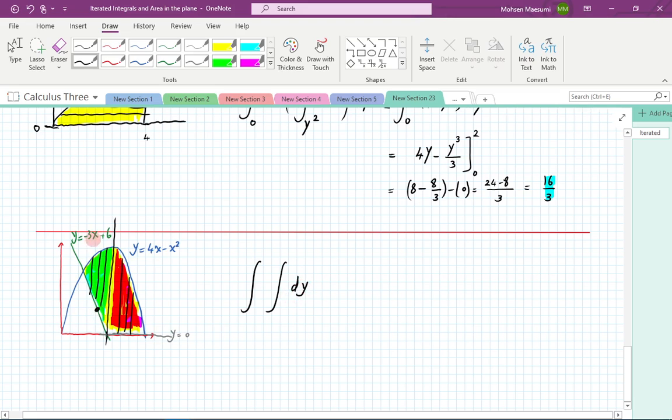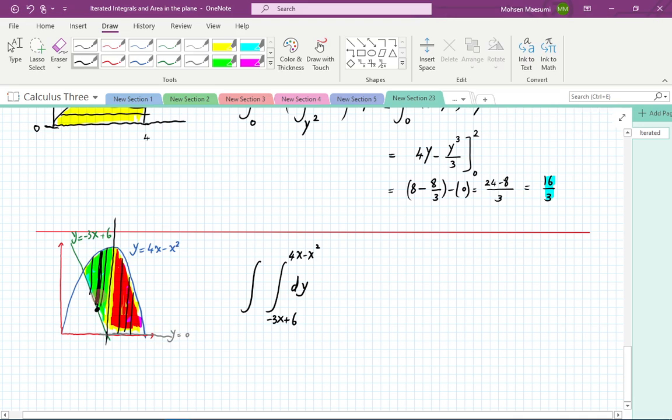The starting value is minus 3x plus 6. The ending value is 4x minus x squared. So that's going to be how tall each of these strips are going to be, the difference of these two. When I multiply by dy, I'll find the area of that strip.